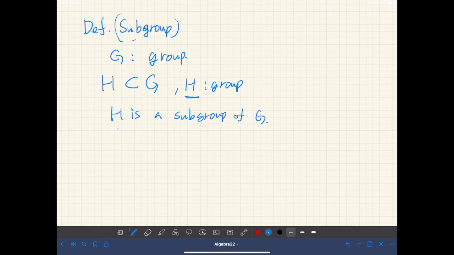So basically, if we have a subset of a group, then to check whether that subset is actually a subgroup of G, we need to check all the axioms of groups.